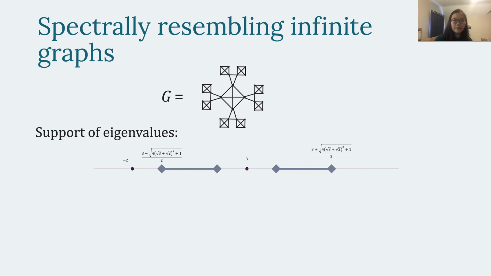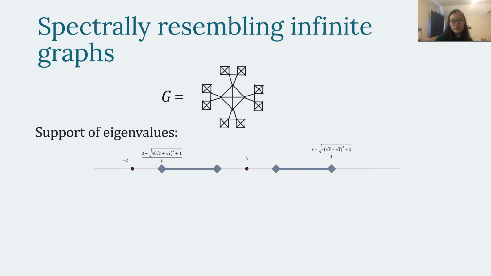So if you look at the infinite graph, there are going to be eigenvalues at -2, at 3, and in these two intervals that I've drawn. Because the infinite graph has a continuum of eigenvalues, infinitely many eigenvalues, the eigenvalues are literally going to be intervals. It's not too important exactly what the intervals are, but here there are going to be 2 intervals and 2 points.